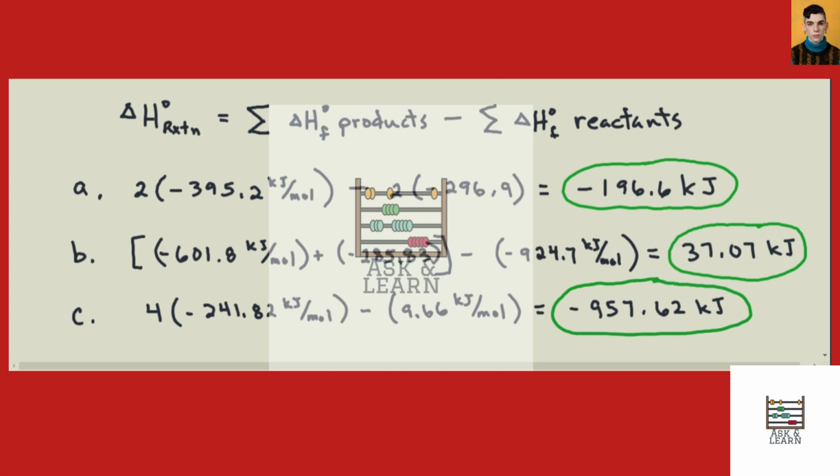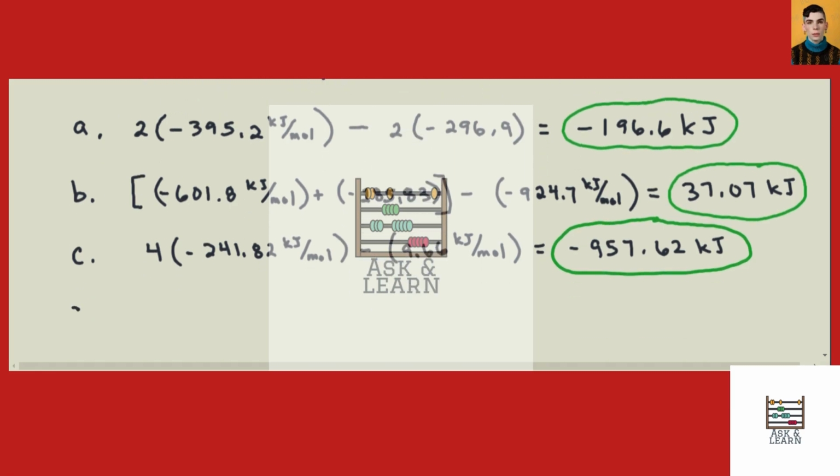And finally, letter D. In letter D, we have two products and two reactants that are all going to have heats of formation. So this one's going to be a little bit longer. Starting with the first product, SiO2, it is negative 910.9.